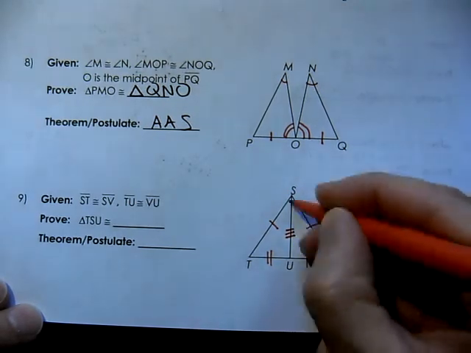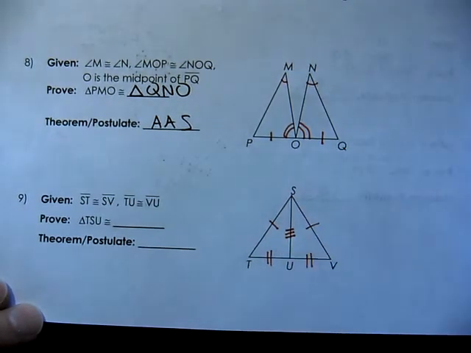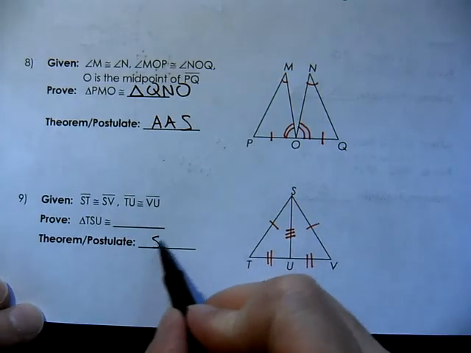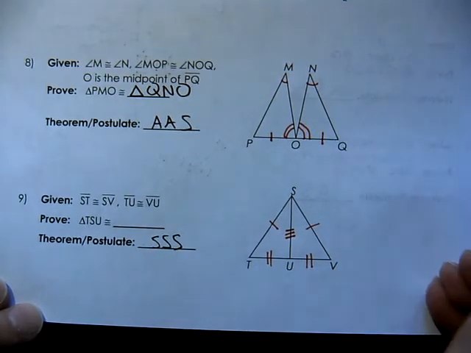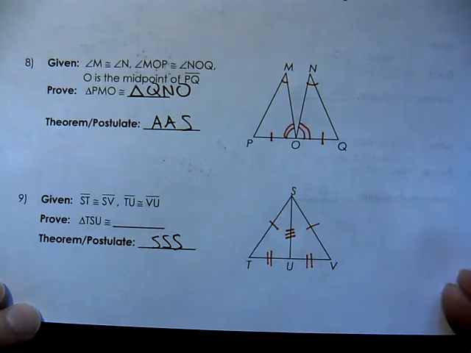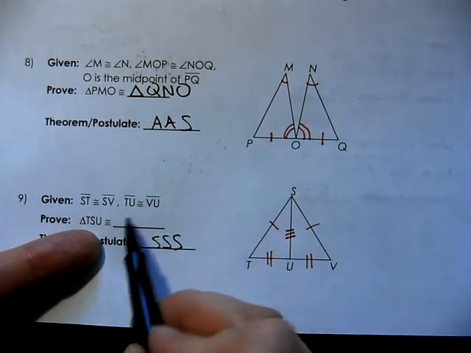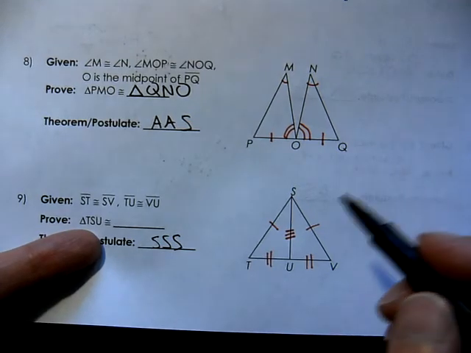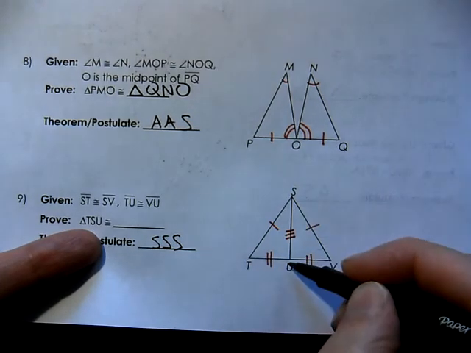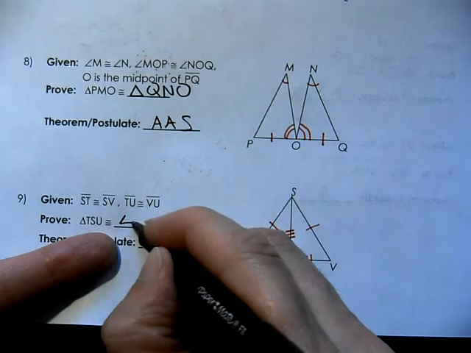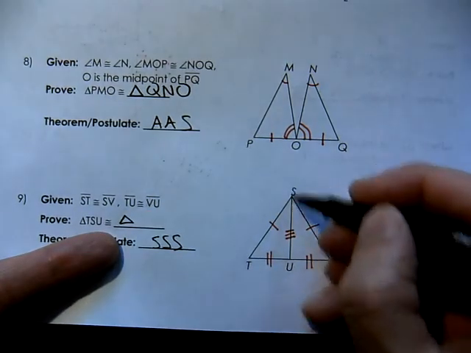So a triple tick mark on segment SU. Well, we clearly have 3 sides marked, so that's our side, side, side pattern. And that was the very first pattern we learned several days back. And now to write the congruent statement, triangle TSU must be congruent with triangle VSU.